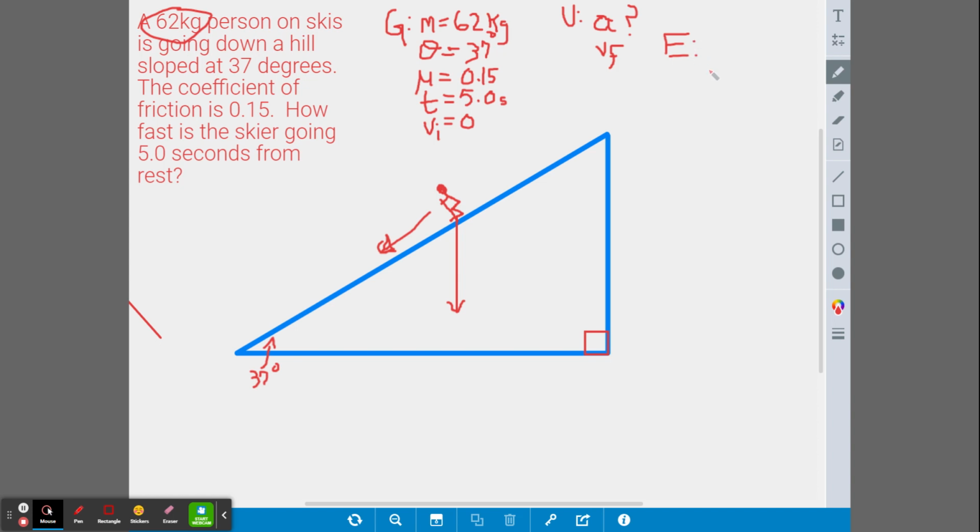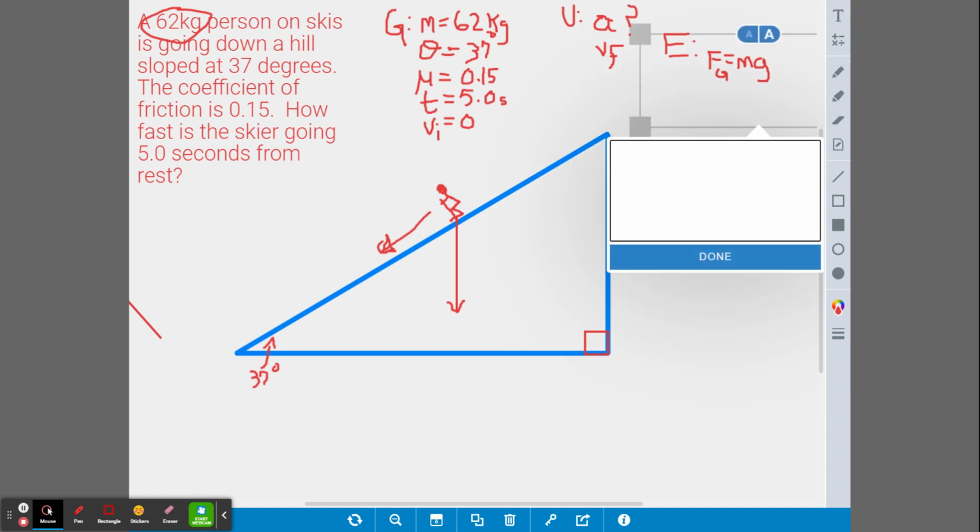So our first equation we can use is Fg equals mass times the acceleration of gravity. So we're just going to do 62 times 10. And that will be 620 newtons.